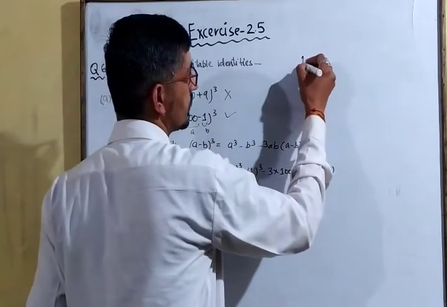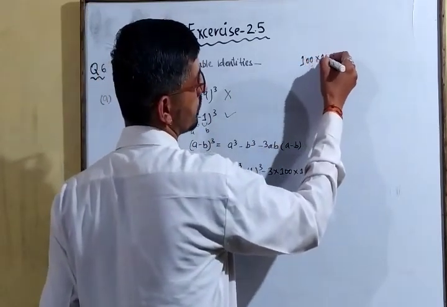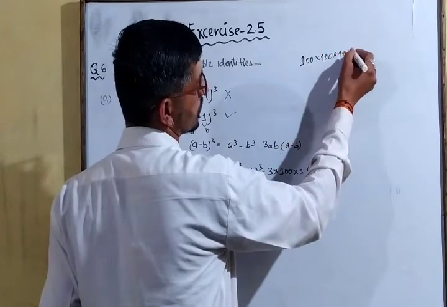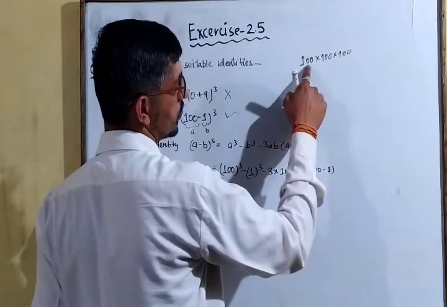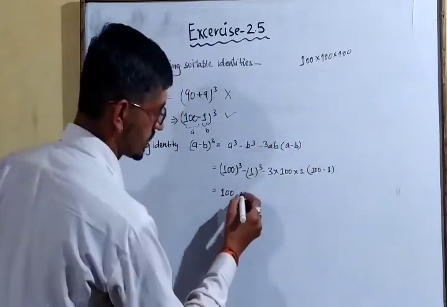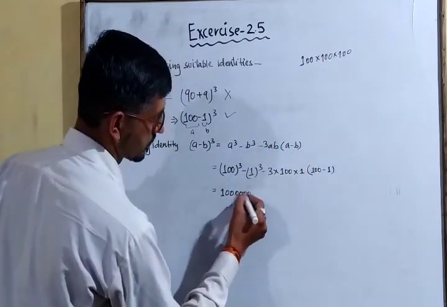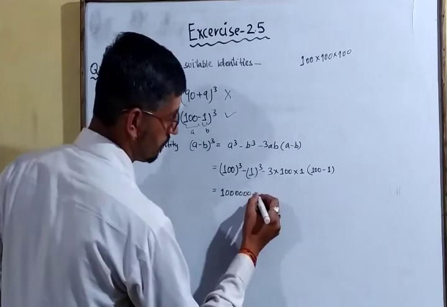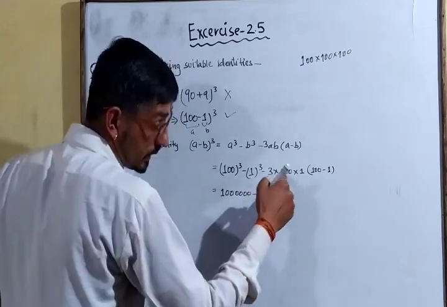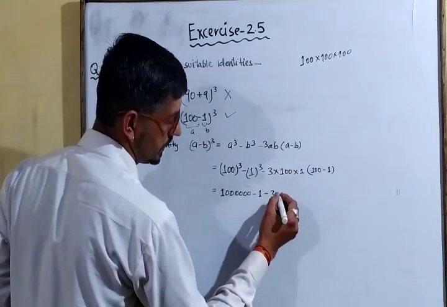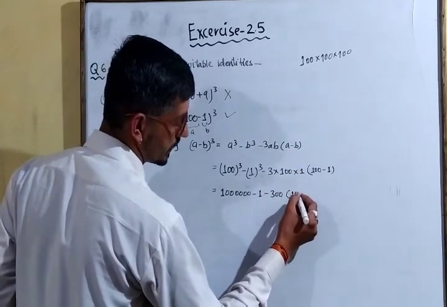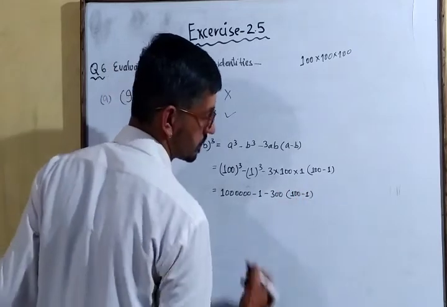Very easy it is. 1, and 2 zeros, 2 zeros, 2 zeros, that means 6 zeros. Okay, now minus of 1, minus 300 into 100 minus 1.